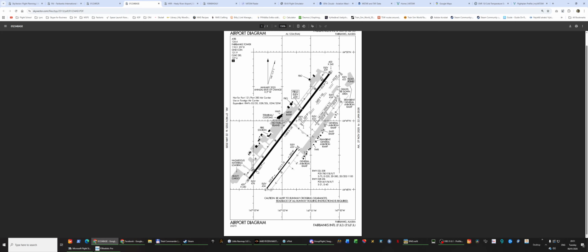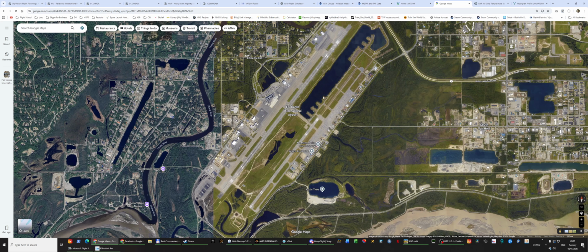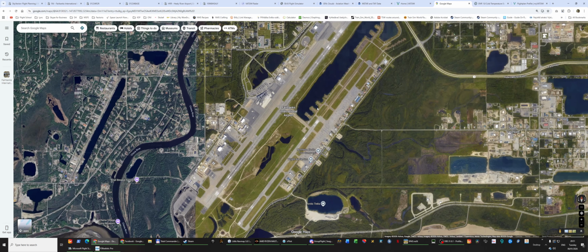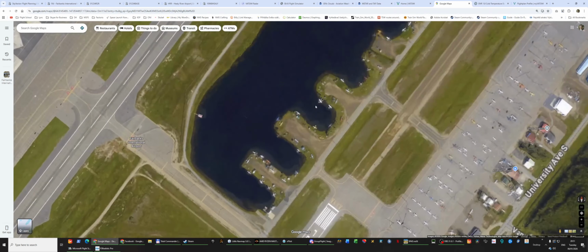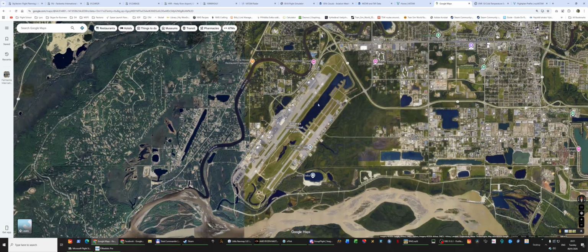So it basically can accommodate any type of aircraft. Looking on Google Maps, this is the main runway, this is the smaller one, this is the ski strip, and we have a waterway here. If I zoom in, obviously during summer, we have aircraft parked everywhere here.